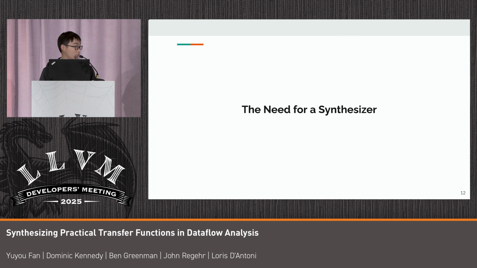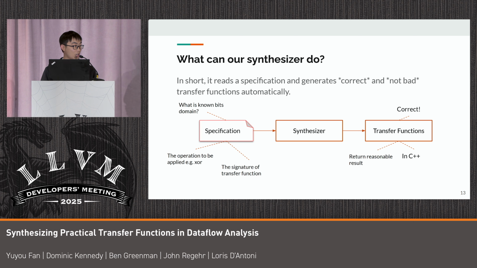Next, I'll explain why we need a synthesizer. First, let me start with what our synthesizer can do. In short, it reads a specification. Let's use known bits as an example. The specification includes what the known bits domain is and the operation to be applied, for example, XOR or add, and the signature of the transfer function, such as that it receives 2 known bits information from both operands. After synthesizing, we can produce a result.